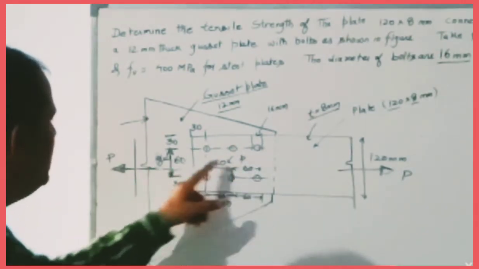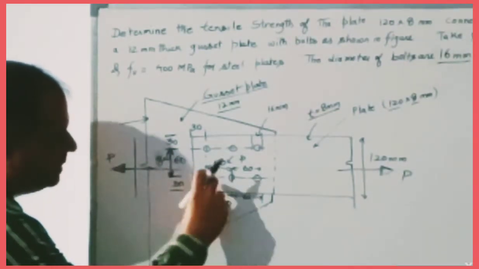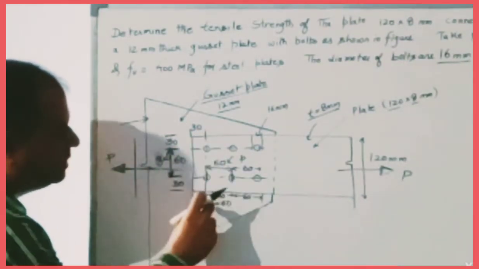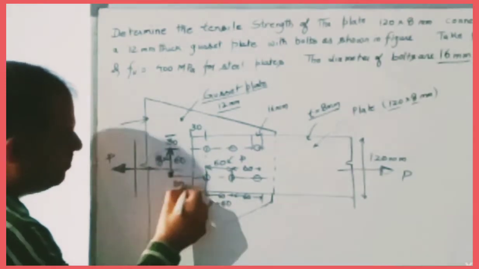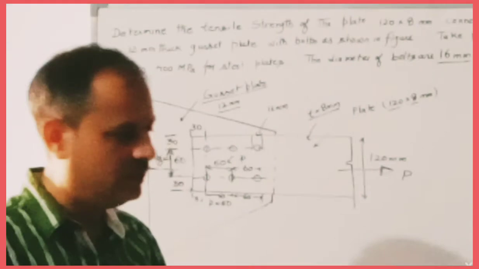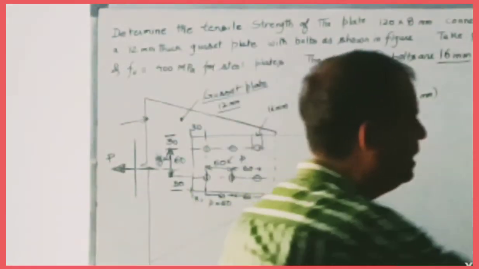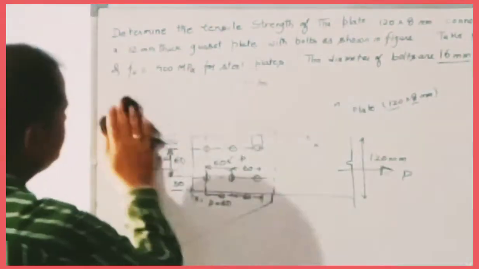So both pitch p and gauge g are 60 mm. Also the end distances are marked as 30 mm each. This is 30 mm and this is 30 mm. So this is the question we have to solve. Now I am going to take the next step.